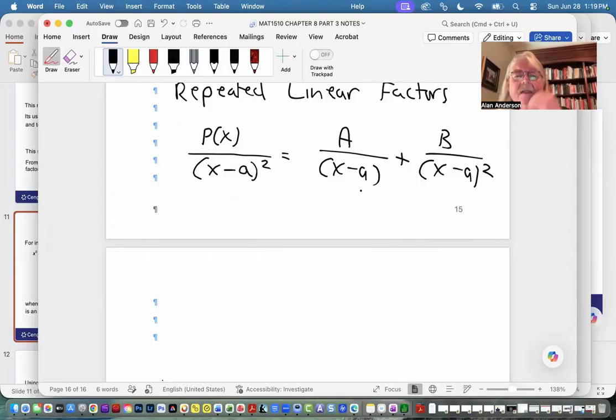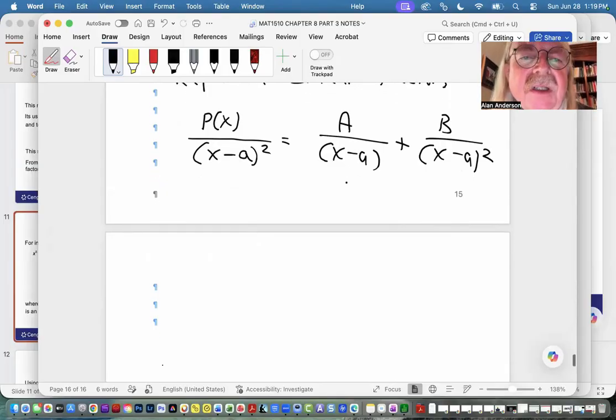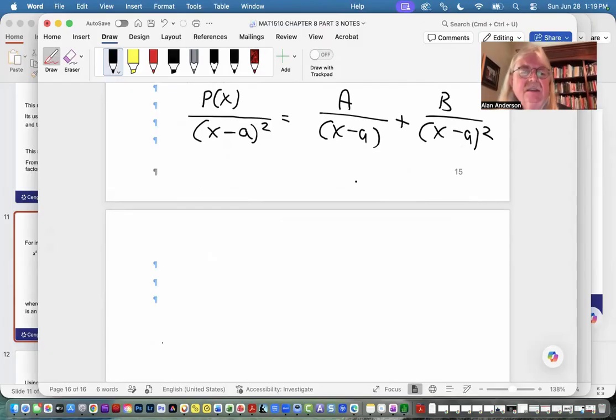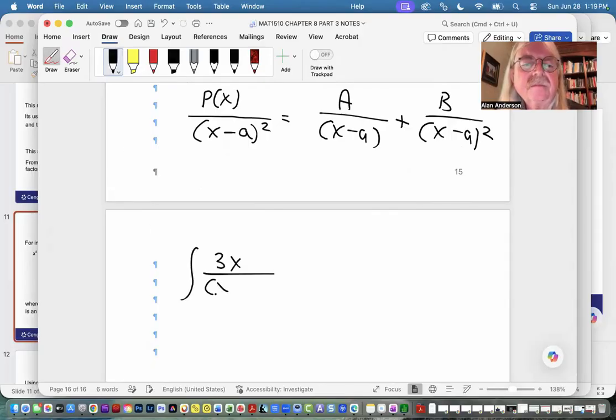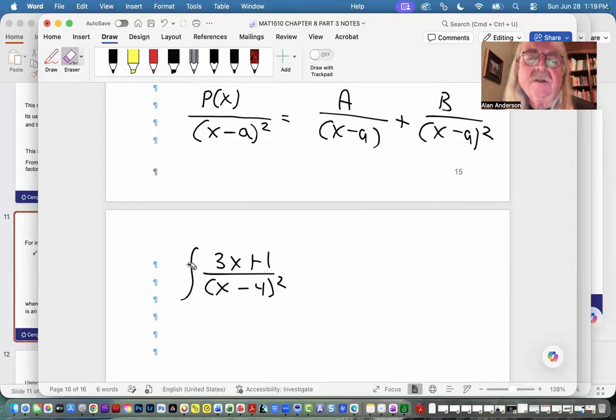Okay. So yeah, maybe we can come up with a quick, simple example of this, just so you can see what it looks like. I'm sure they'll have their own in a few minutes, but let's see what we can do. Suppose we have something like this. So we're going to break it up. Actually, we don't really even need the integral for this. The partial fractions part is not integration.